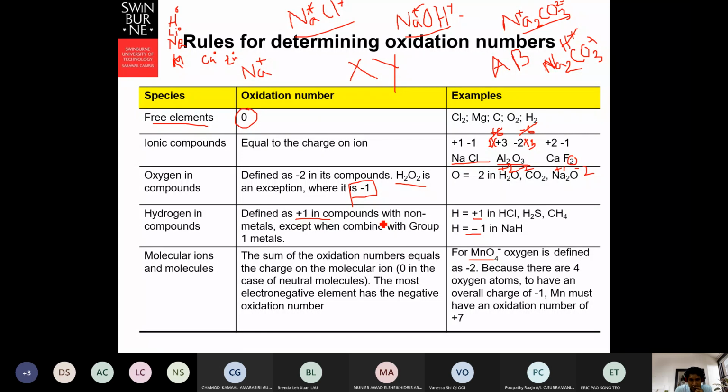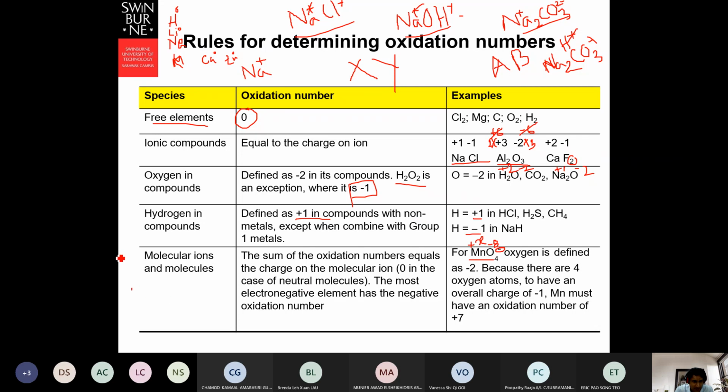And 4 times -2 is -8, and manganese we do not know how much, so we just consider it X, because altogether they are carrying one negative charge. So where is this negative charge going, on manganese or on oxygen? We do not know.